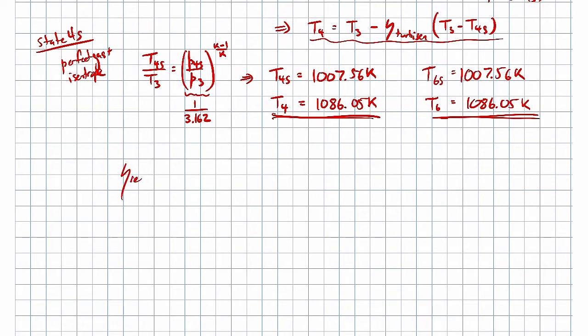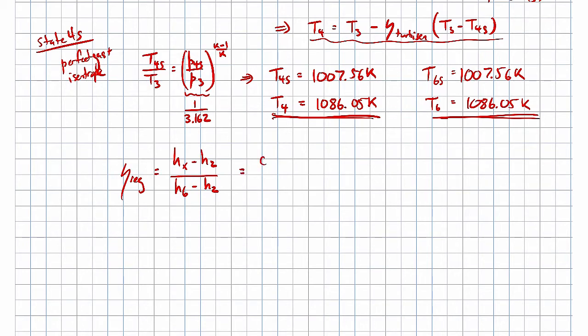The regenerator effectiveness will be Hx minus H2, because that's the change in the specific enthalpy from the compressor to the combustor, divided by what we would hope would be ideal, H6 minus H2, because H6 was the temperature leading into the regenerator. This is the hottest part leading into the regenerator, and ideally we would want what's going into the combustor to have the same specific enthalpy.